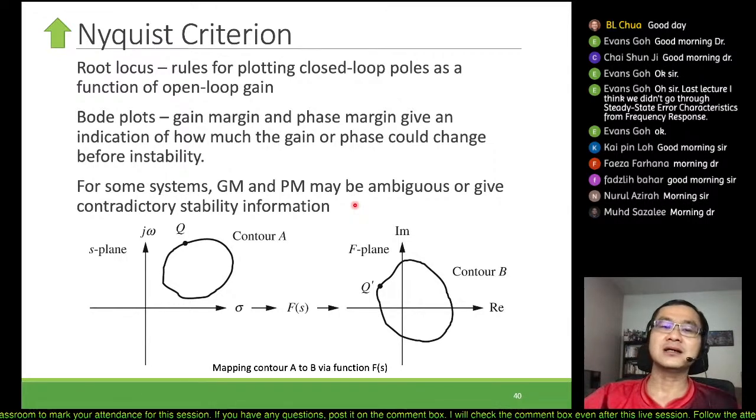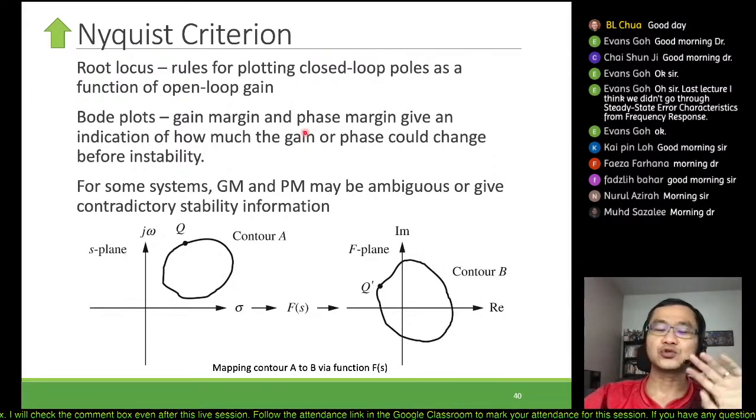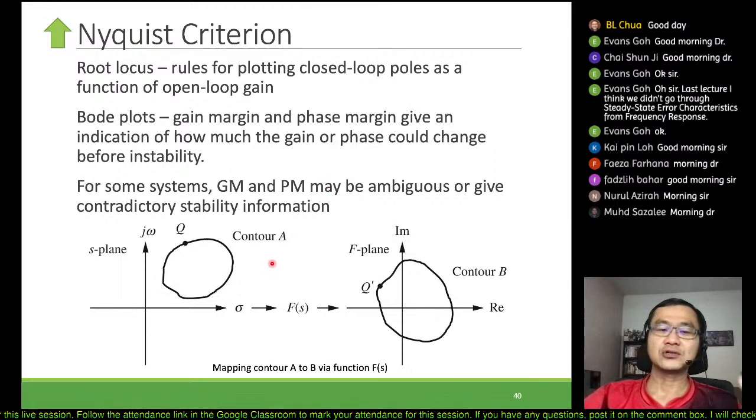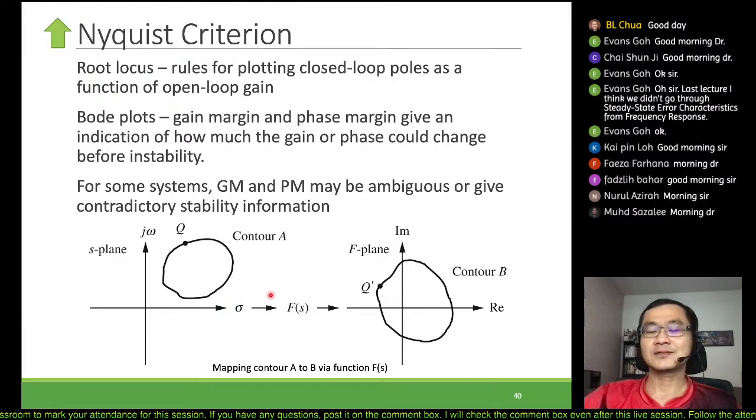So in that case we may want to apply this Nyquist criteria, right? So this is just an exposure of the terms for you, right? We will not go through in this Nyquist, right? So the Nyquist will have a Nyquist plot, right, and it maps the Nyquist plot from contour one, okay, through your so-called transfer functions, okay, to another one.